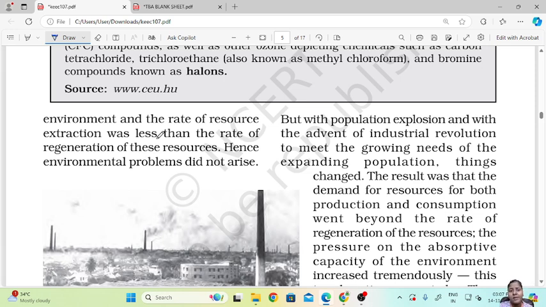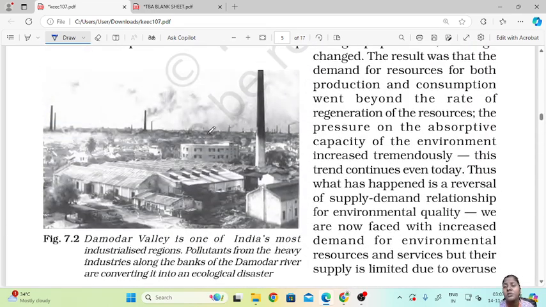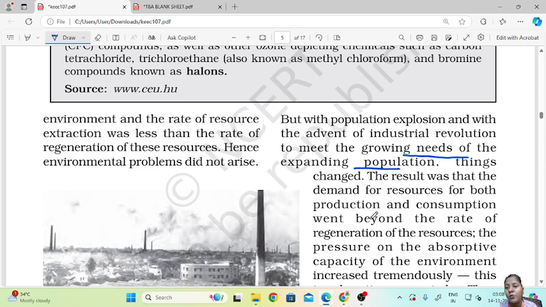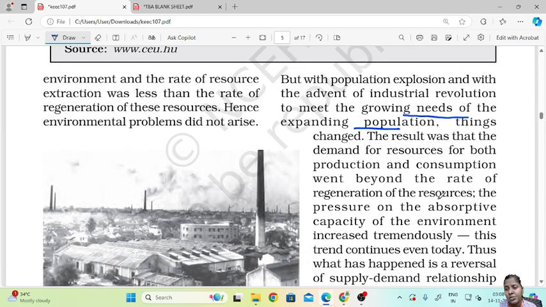So at that time the environmental problem did not arise. But as population went on increasing, and with the advent of the Industrial Revolution to meet the growing needs of the expanding population, things changed. The demand for resources for both production and consumption went beyond the rate of regeneration of the resource.